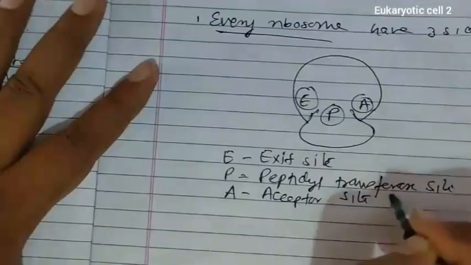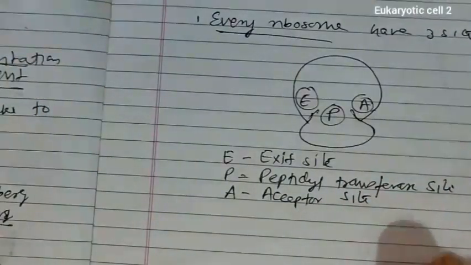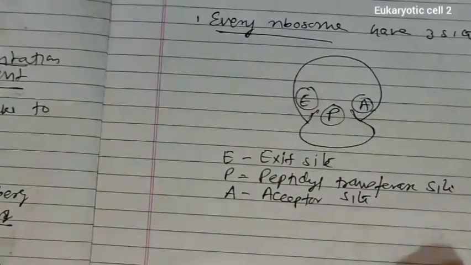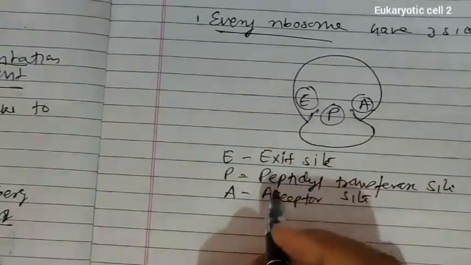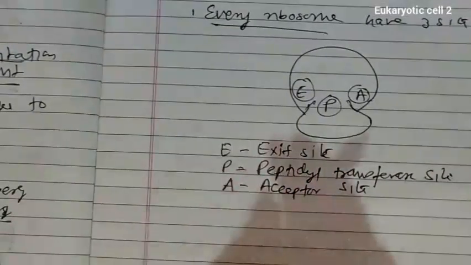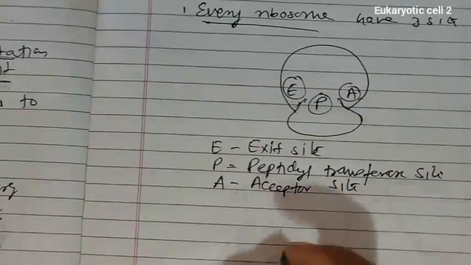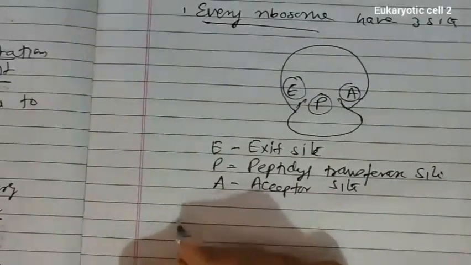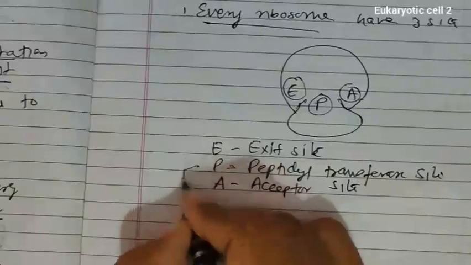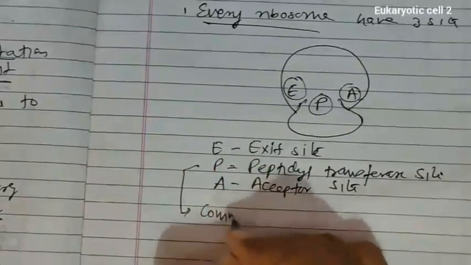A for acceptor of amino acid, P for peptidyl transferase, this is transfer of peptide, and E for exit of tRNA. Okay, now maybe you will not understand, but in 12th you will understand how these three sites work.